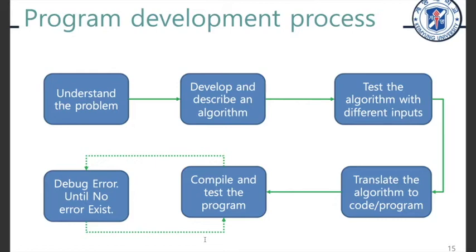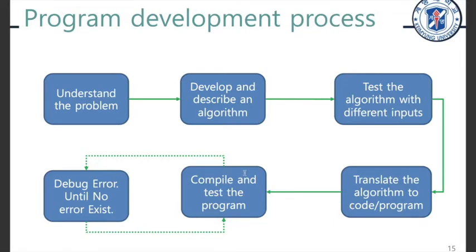Once we understand the problem, we have to develop an algorithm. What is an algorithm? I'll describe it on the next slide. And then we test the algorithm with different inputs and translate the algorithm into pseudocode. Then we translate it into a real code or a real program, which can be read and understood by the CPU.